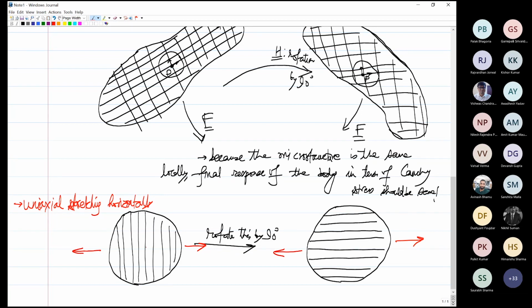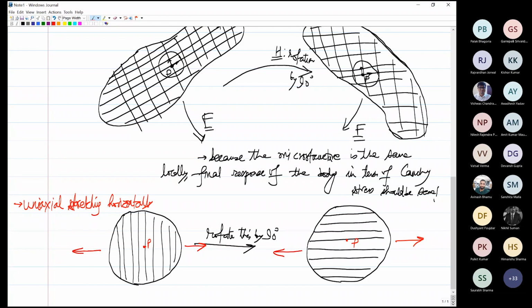So if at a point, let us say P, you measure the outcome, the Cauchy stress, will you have the same? It won't be the same, right? Because locally, I mean, this is something you all know. For example, if the fiber were strong, then it is difficult to pull the material along the direction of the fiber.